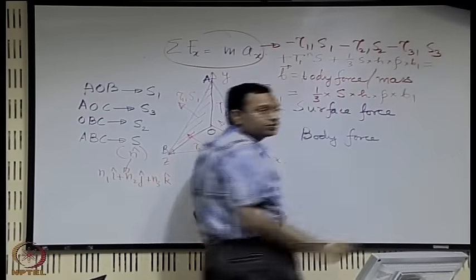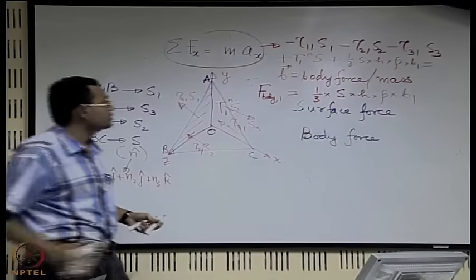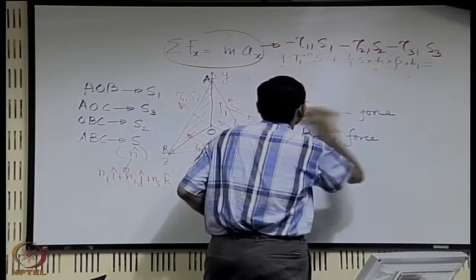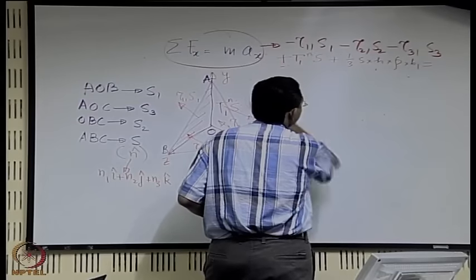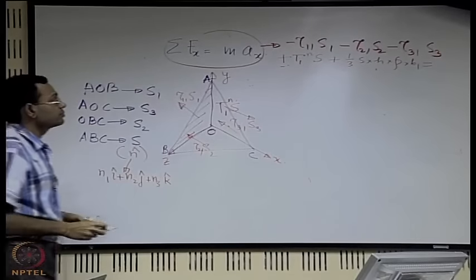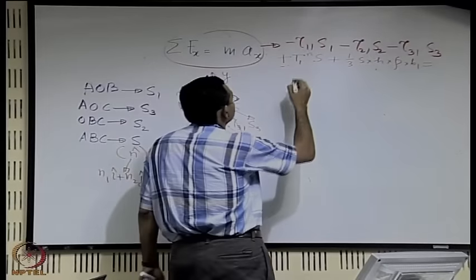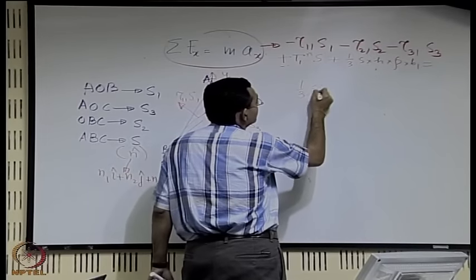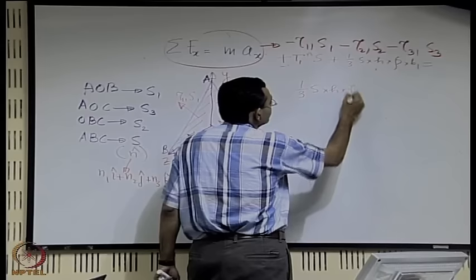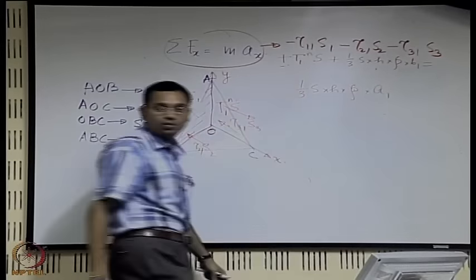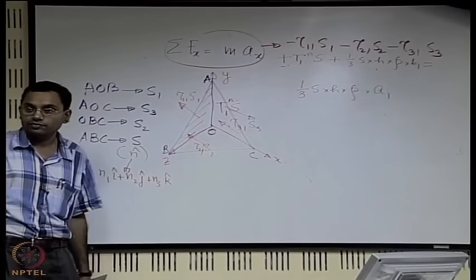That is the net force which is acting on it, and that net force is equal to its mass into acceleration. What is its mass? 1/3 S H rho, that is the mass. Let us say A is the acceleration, so A1 is the acceleration along x1.